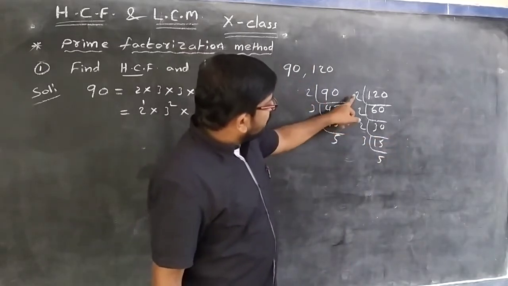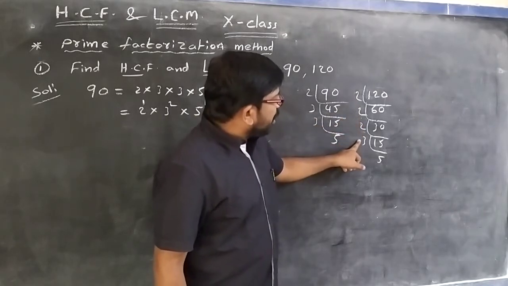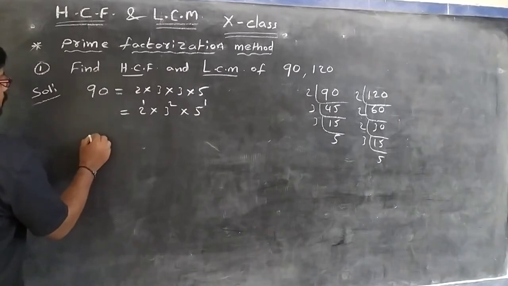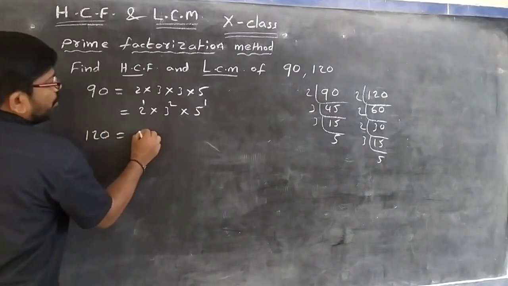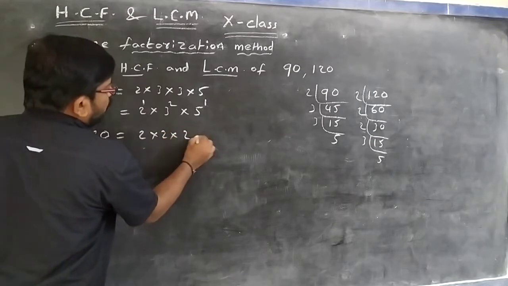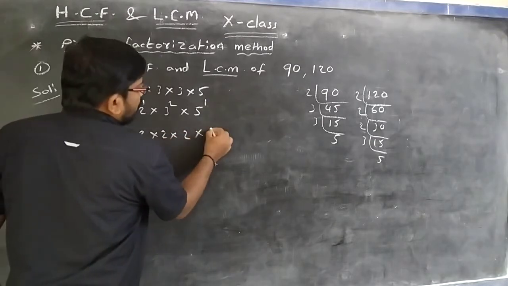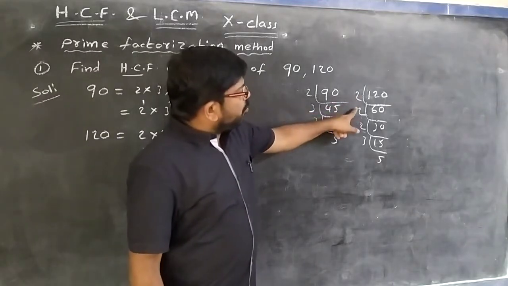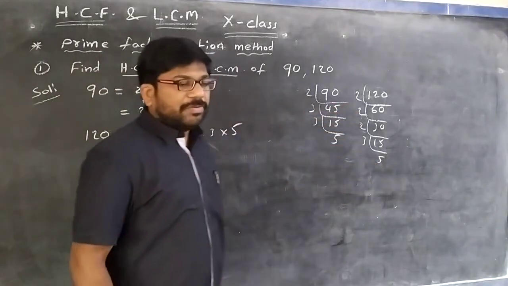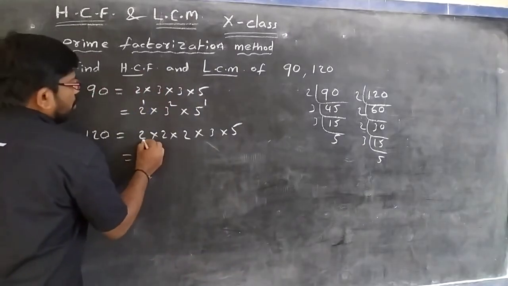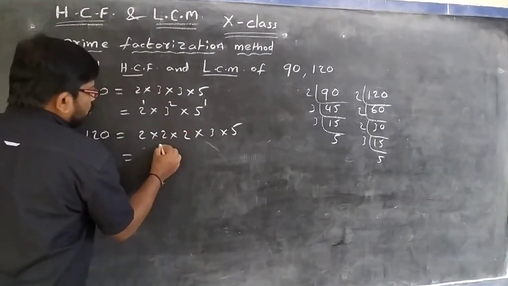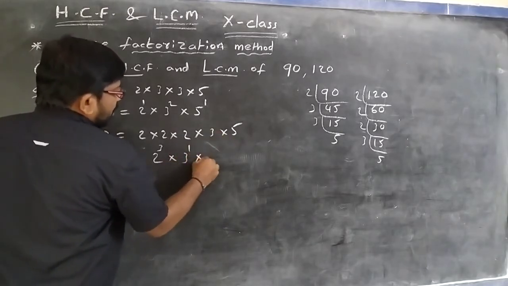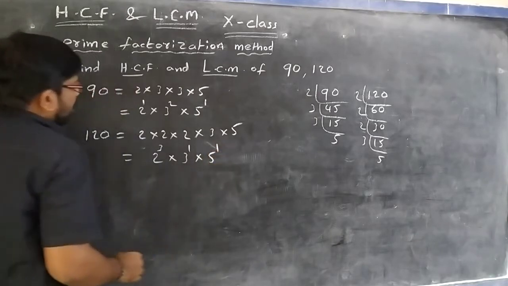So 120 can be written as 2 into 2 into 2 into 3 into 5. That is equal to 2 into 2 into 2 written as 2 cube, into 3 power 1, into 5 power 1.